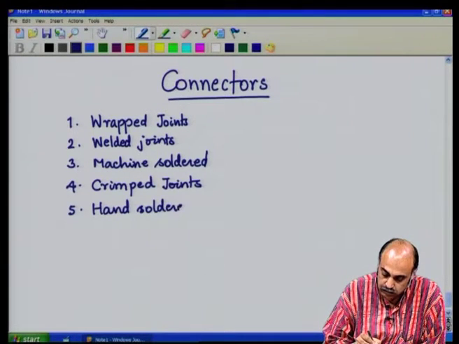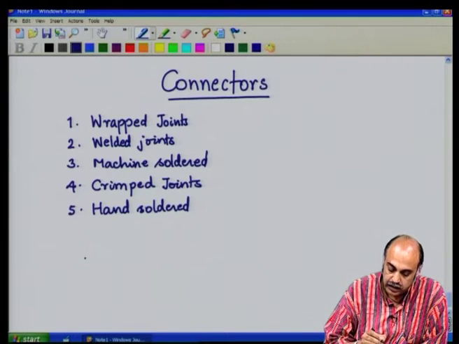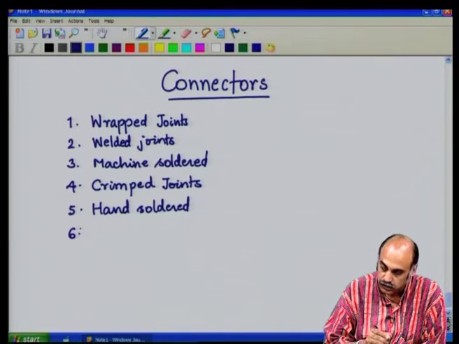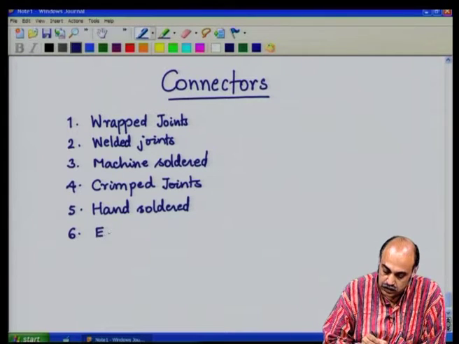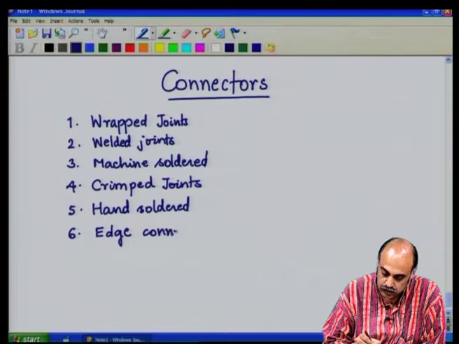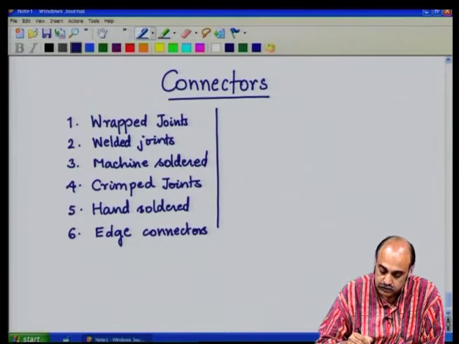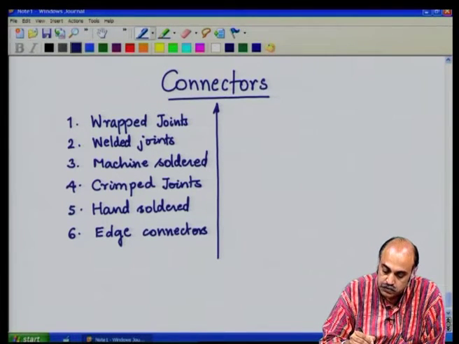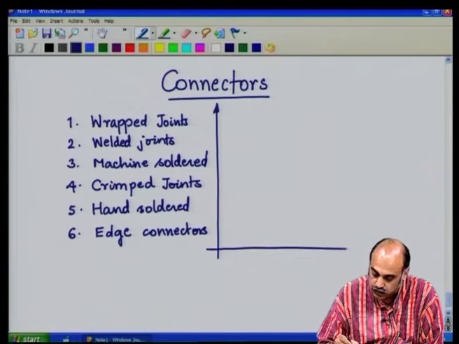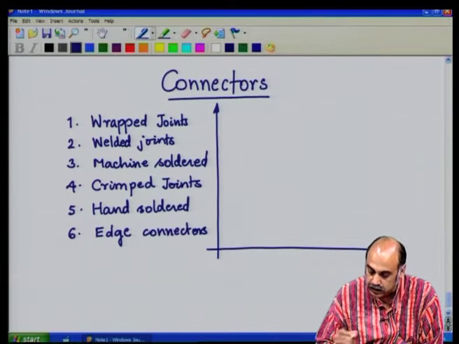By hand soldered, I mean hand soldered by a professional, and then you have the multi pin edge connectors.